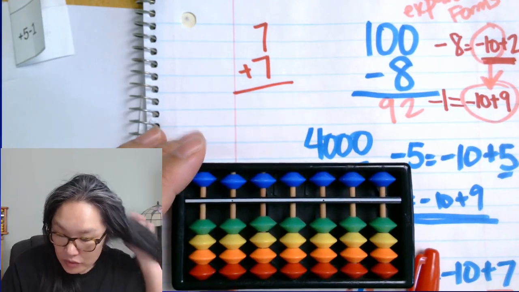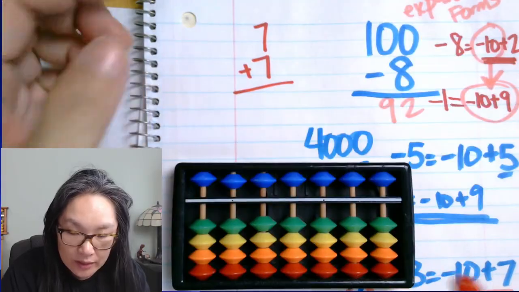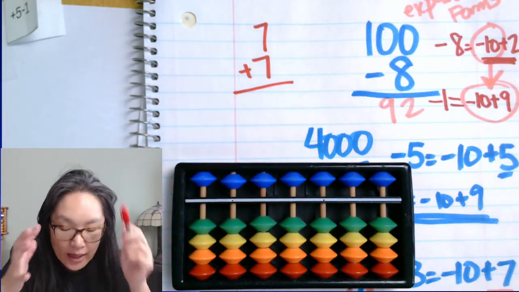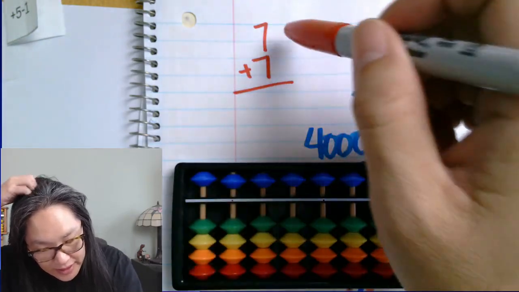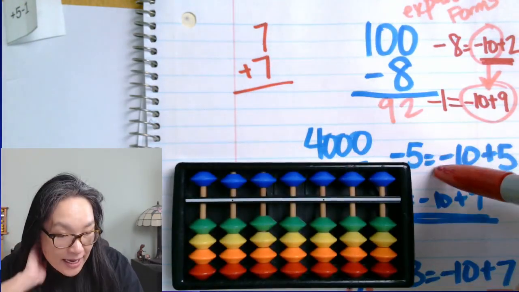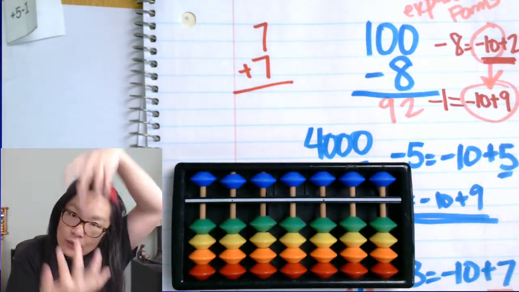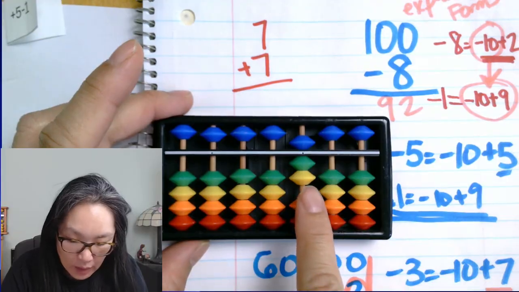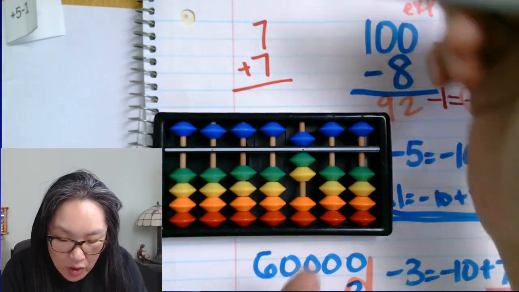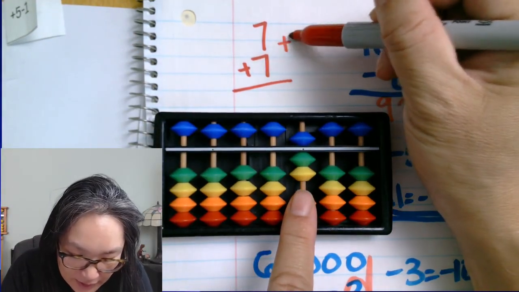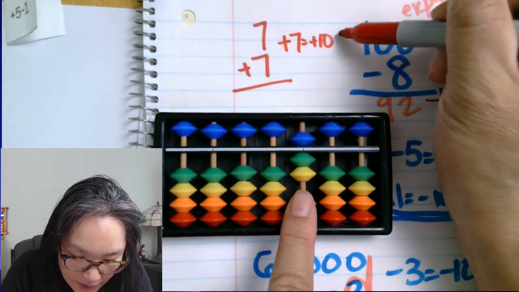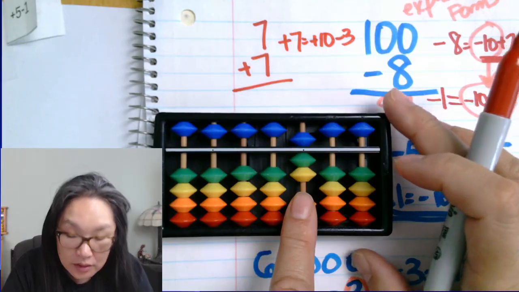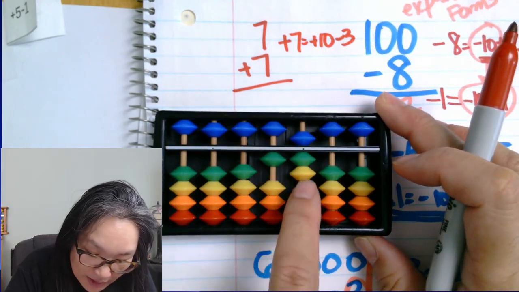Okay, so this is a little bit more complicated. Why? Because now we're dealing with a 10 and a 5. Now we're mixing the two. We have 7 and I want to add another 7. Adding a 7 is equal to plus the 10 minus the 3. So we plus the 10, but can we take away the 3?